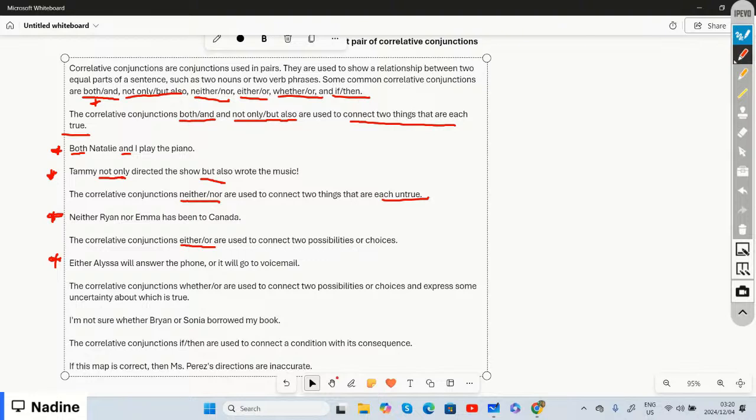And then we have the correlative conjunction whether, or, and it is used to connect two possibilities or choices and express some uncertainty about which is true.